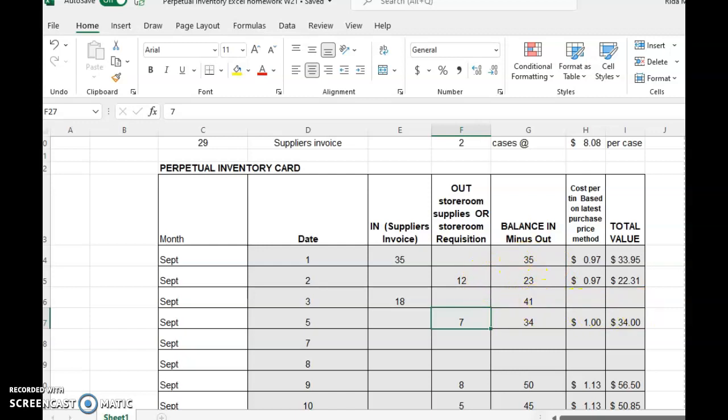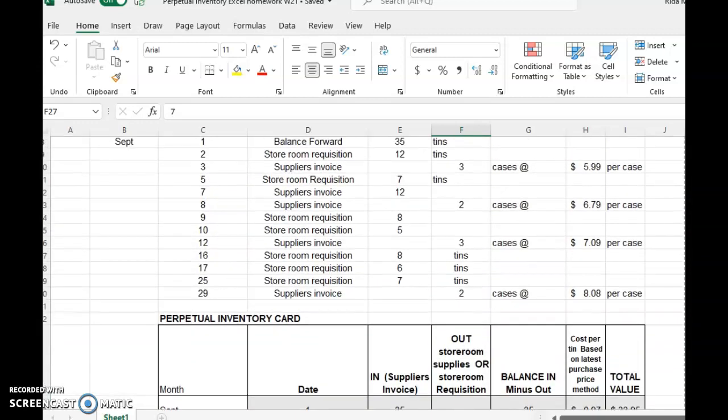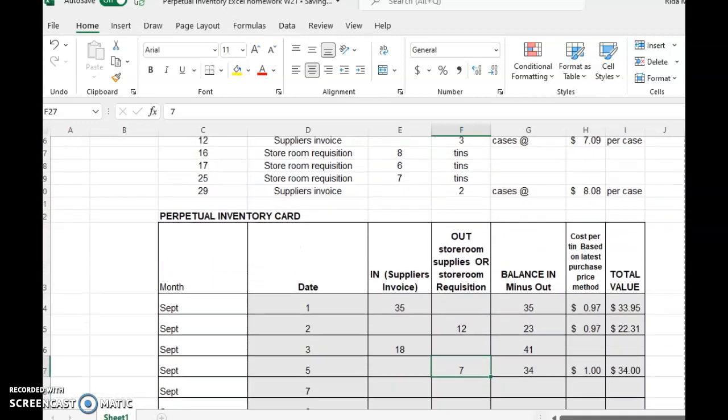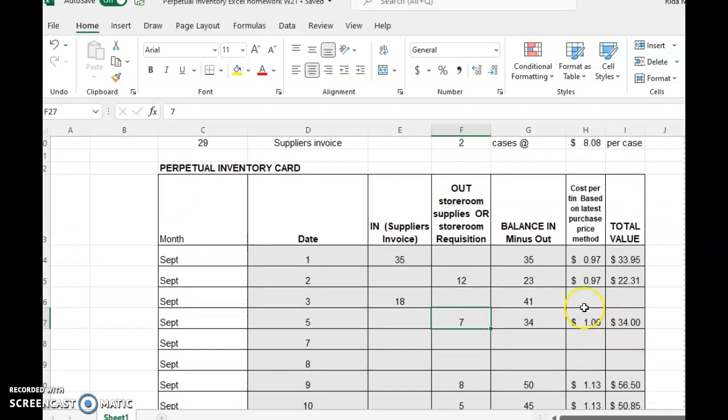Over here, for each of these cases, it says $59.99 per case. If we need to find the value per can, we would use the round up formula, because the plain division won't give us the exact number that we need.